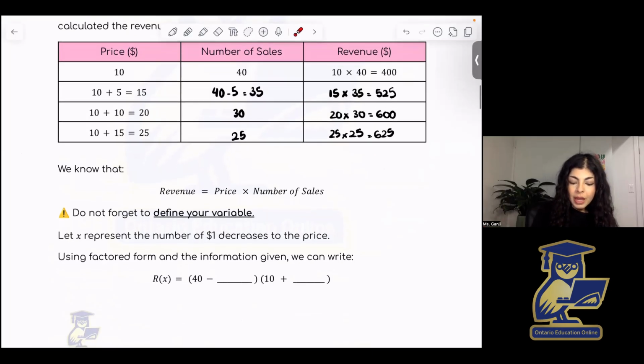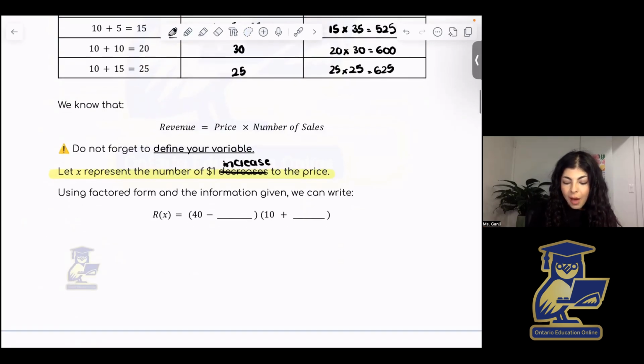So here we have X representing every $1 increase to the price. And that way, we know that if this is the price and this is the number of sales, then every time we add X to the $10, we are losing X in our weekly sales.